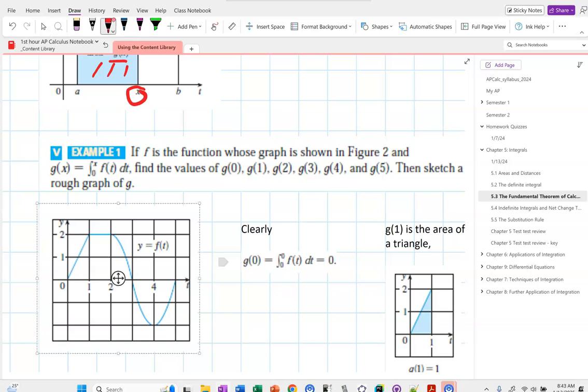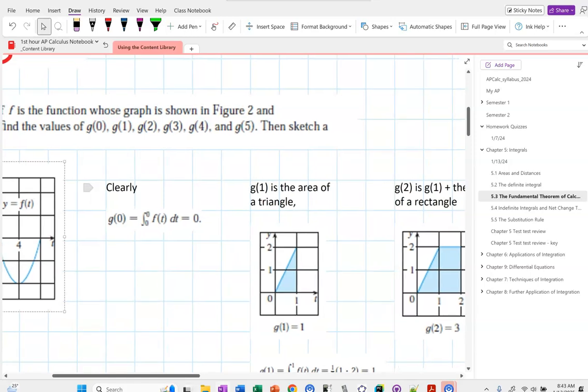So g of 0, well, that's the integral from 0 to 0 of f of t dt. If my rectangle has 0 width, how much area can it have? Has to be 0, right? Everybody's intuitive sense tells you that right away. A line is a one-dimensional figure. There can be no area.